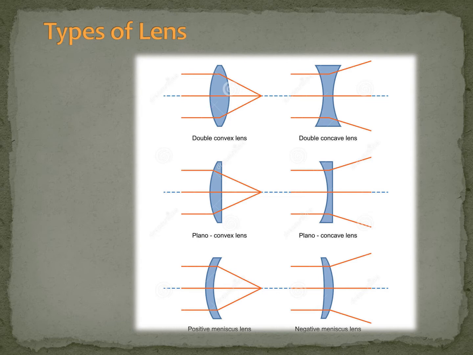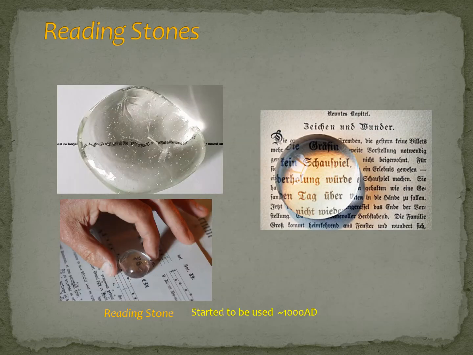And how can all this be used for us to build a microscope? In fact, people have always been fascinated by the properties of translucent crystals and glass since ancient times, and they learned how to use these properties of the crystals to amplify images, especially of very small objects that they wanted to observe.